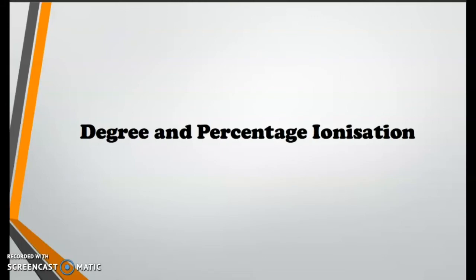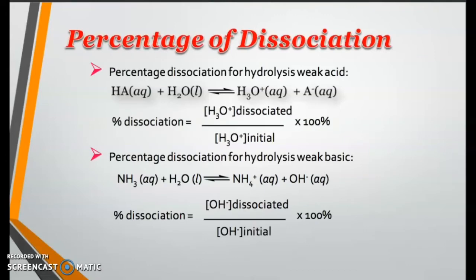Degree and percentage ionization. This is the percentage of dissociation for weak acids and also weak bases. This is the formula. So percent dissociation is equal to the hydronium ion concentration dissociated, divided by the initial hydronium ion concentration, times 100%.